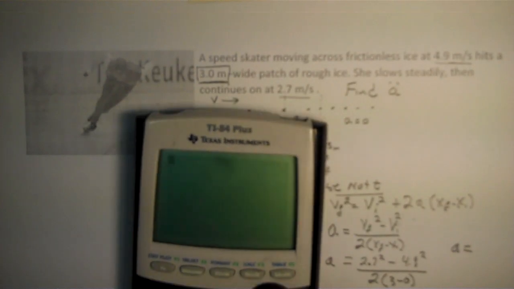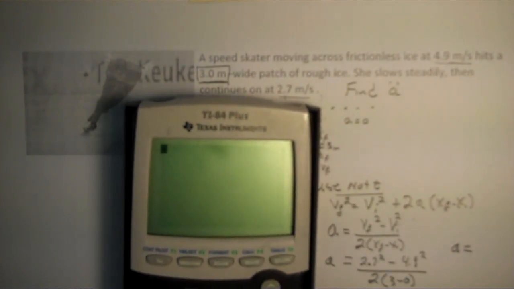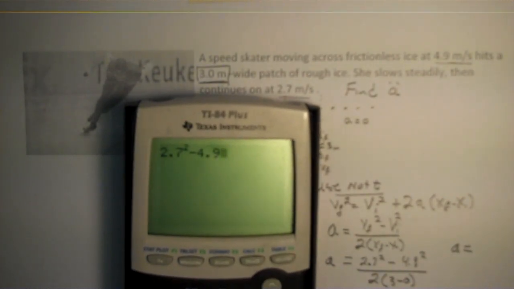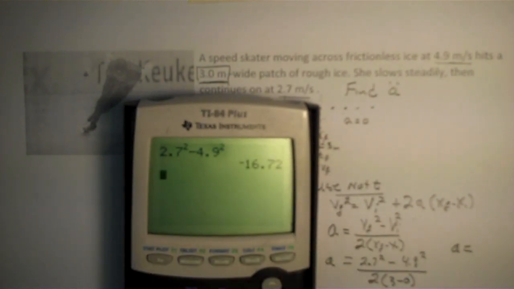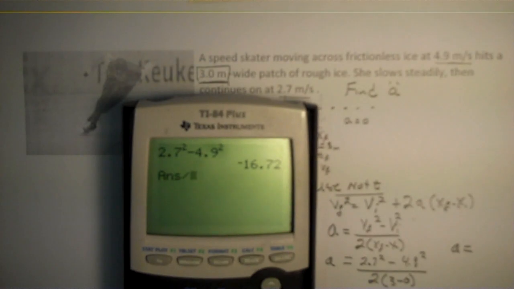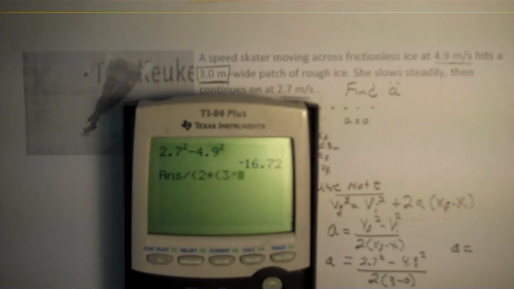I've got 2.7 squared minus 4.9 squared. I didn't put parentheses, so I'm going to finish that out. That's the top, divided by the quantity 2 times the quantity 3 minus 0.